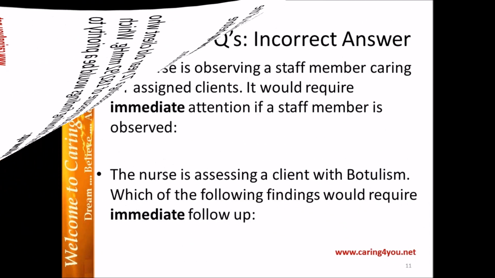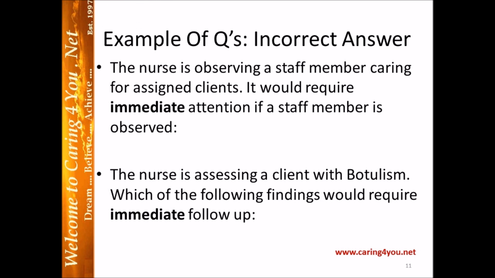Another example. The nurse is observing a staff member caring for assigned clients. It would require immediate attention if a staff member is observed... So that word immediate means we're looking for an incorrect answer, because that incorrect action by that staff member will take priority.